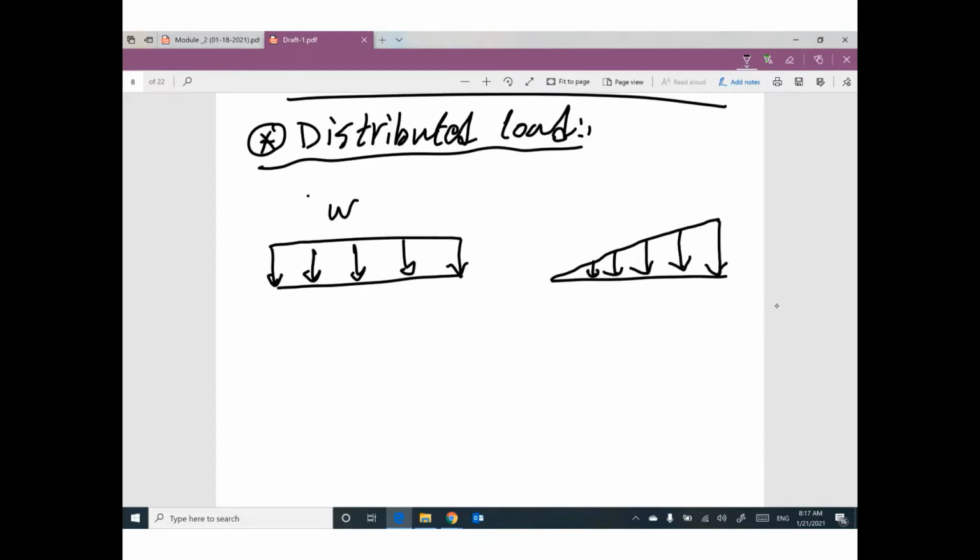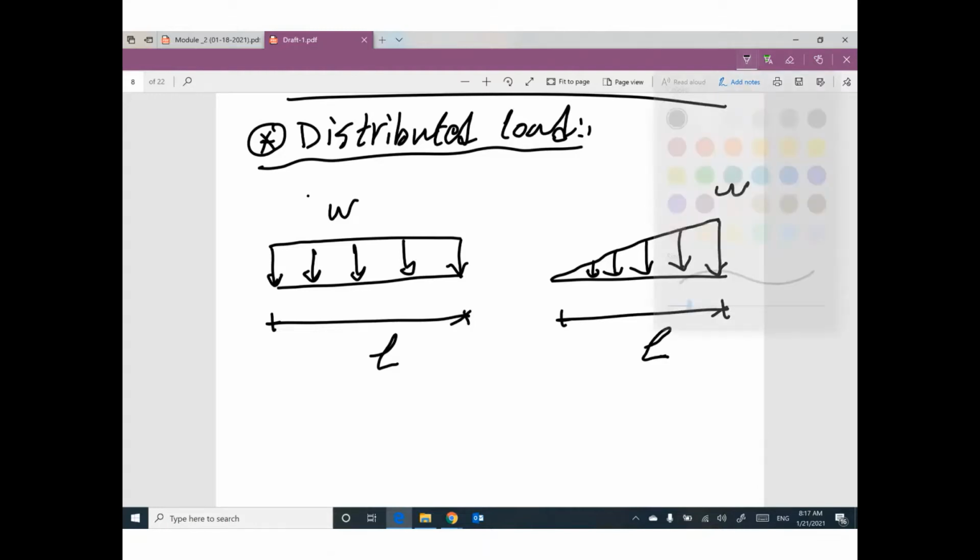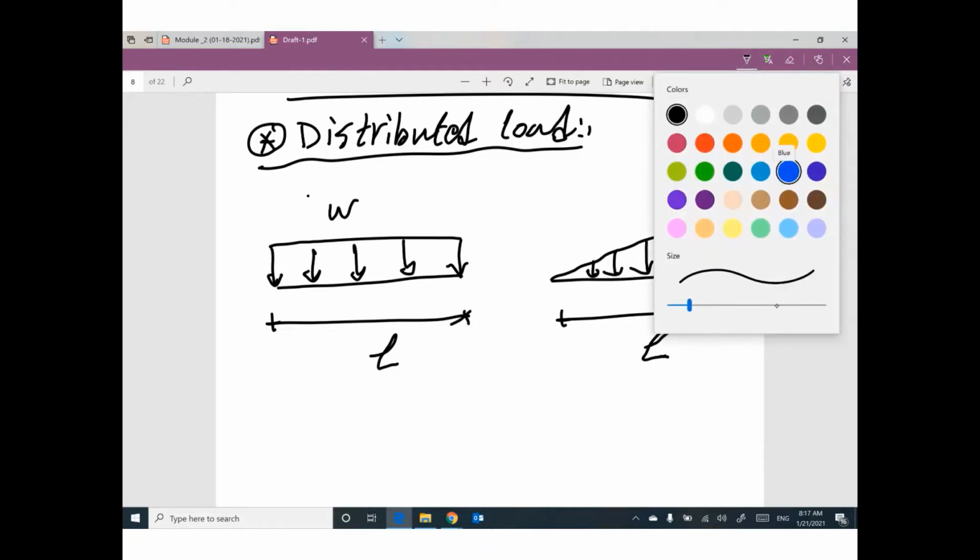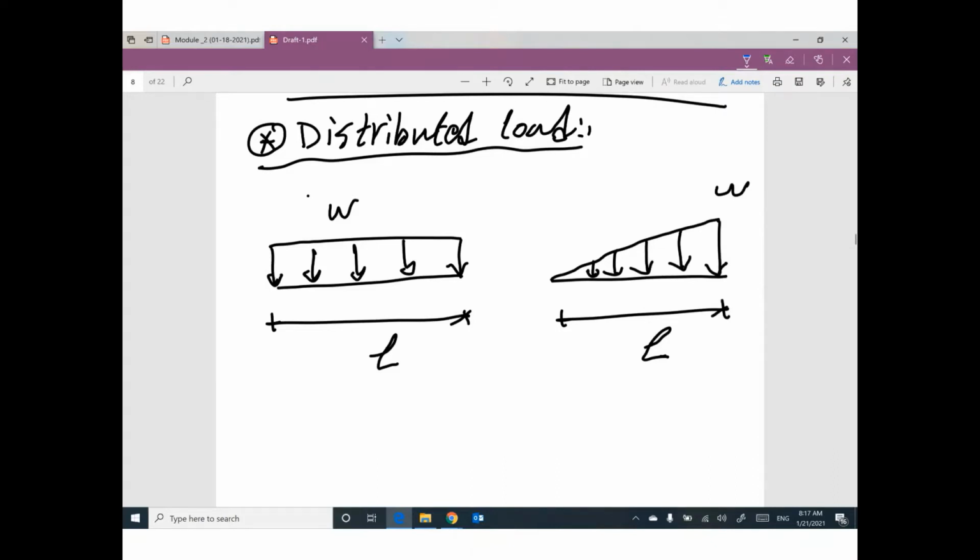W, this length is L, this length is L. We have a kind of load called distributed load. This load can be uniform or non-uniform.